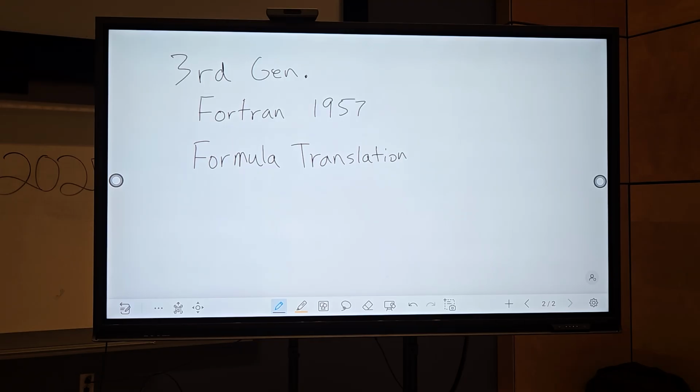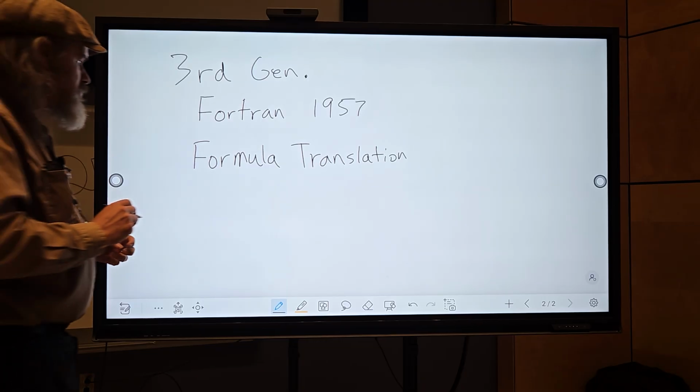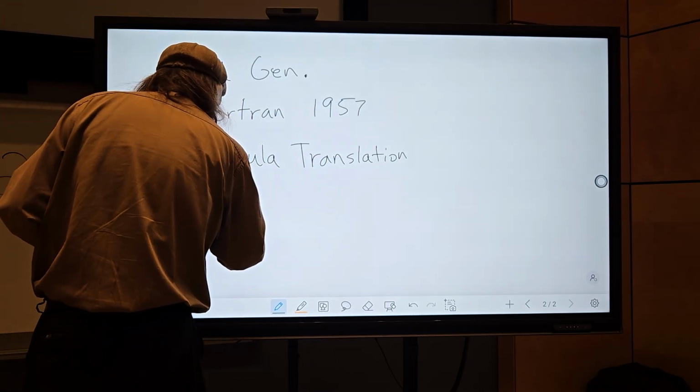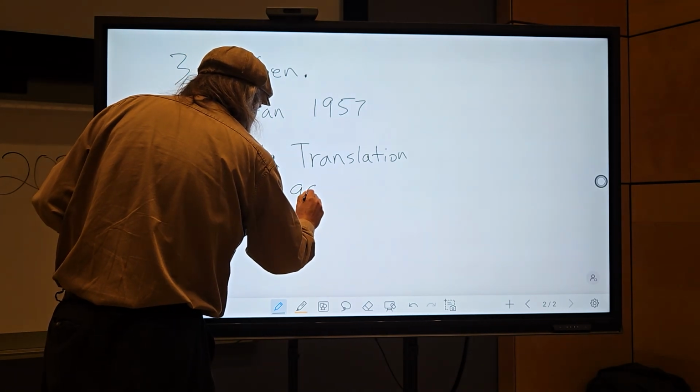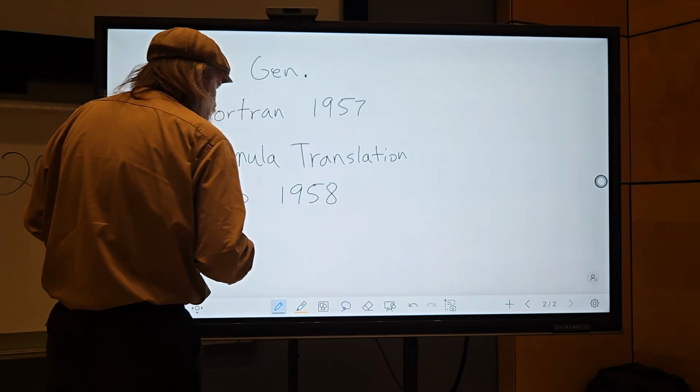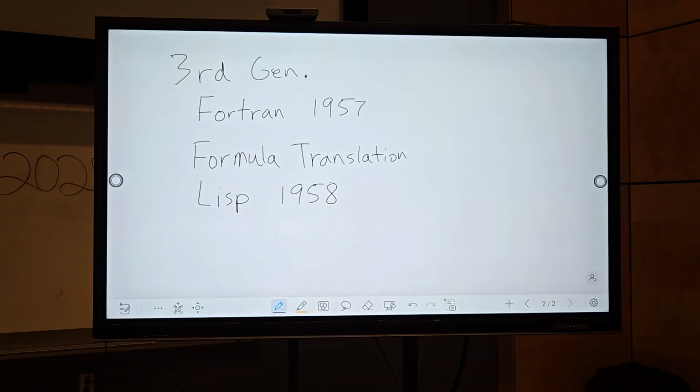After Fortran came Lisp, in 1958. This was the first functional programming language.